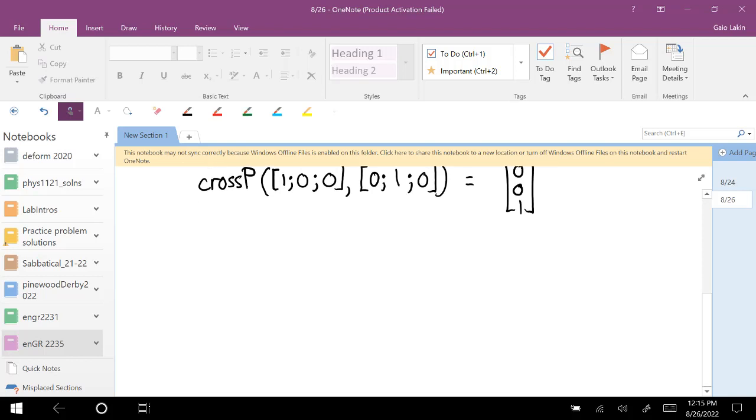So here are a few things to notice about the cross product. Okay, the first one. Notice that the y-axis always has to be the weird one.